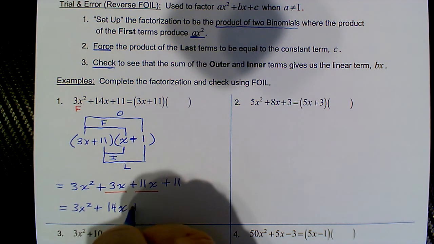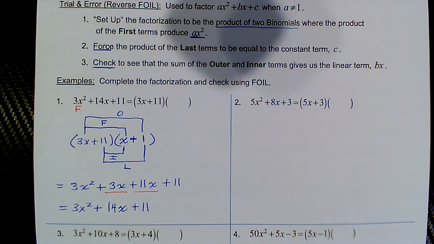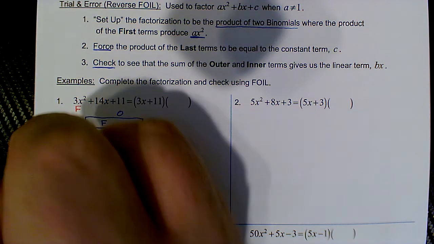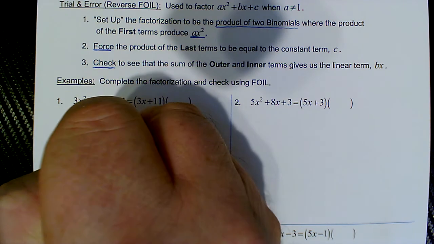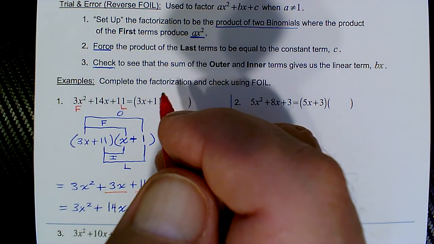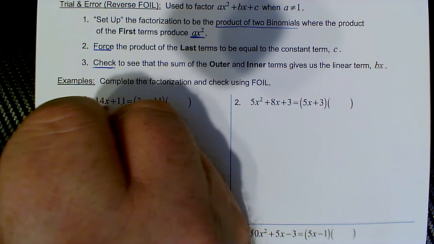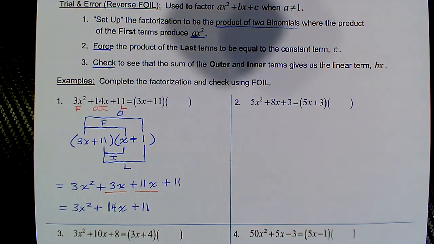And then the constant term we just bring down, and we see that that checks. So again, the first term, last term is the product of the last, and then the middle term is a combination of the outers and the inners.